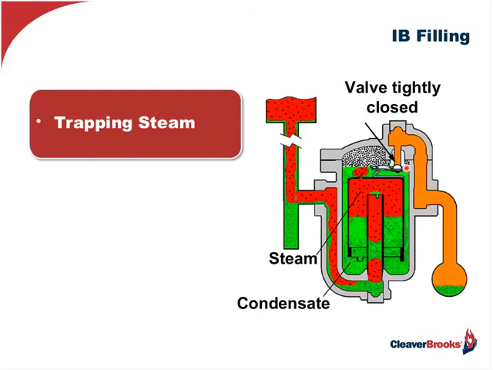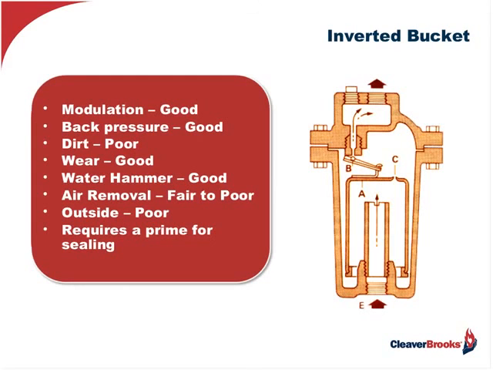As far as the inverted bucket is concerned, modulation, good. You can see all the attributes here. Dirt, poor. Air removal, fair to poor. What you're doing with these inverted buckets is there's a little orifice right here which is constantly removing the air, but it's only when we open the valve that we get rid of the air, which goes then, of course, toward the condensate line itself.